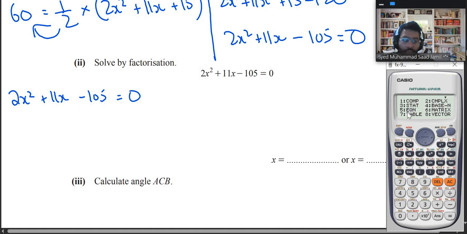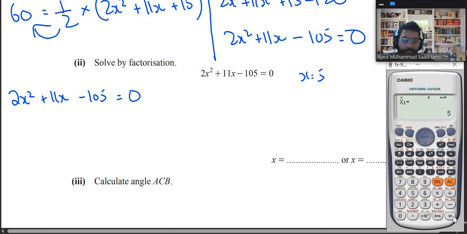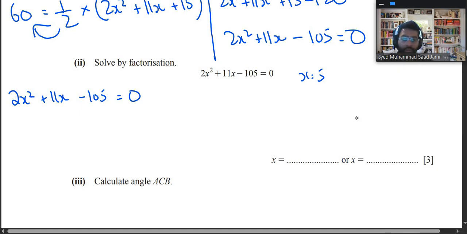So I pressed mode, I went to 5 equation and I went to 3, which is the quadratic equation. So the value of A is 2, the value of B is 11, the value of C is minus 105. So one value of x is 5, the other is minus 10.5. Now you can use these answers to cross check.